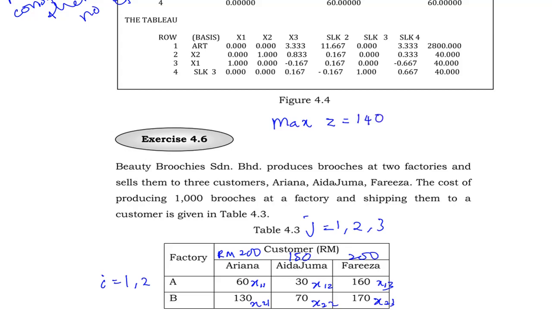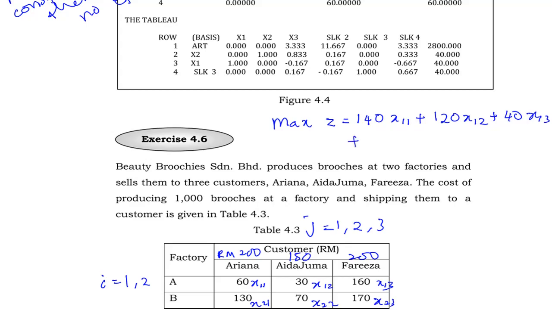200 minus 60, so 140 X11 plus 150 minus 30, so 120 X12 plus 200 minus 160, so 40 X13.